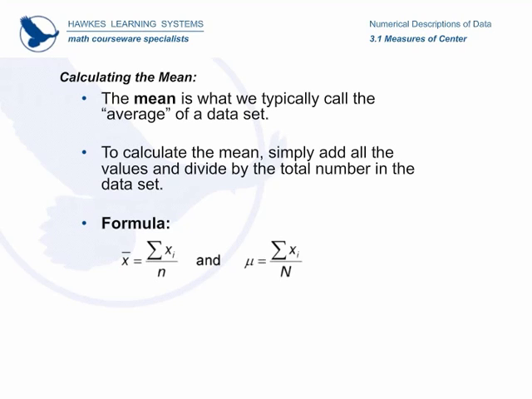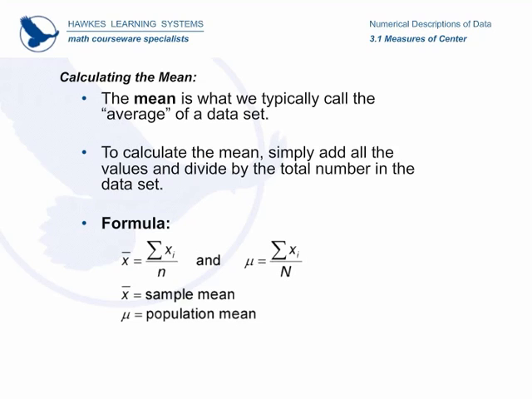Mu equals the summation of the data set values divided by the total number of data set values. Once again, x-bar is a sample mean, and mu, the Greek symbol for mean, equals a population mean.